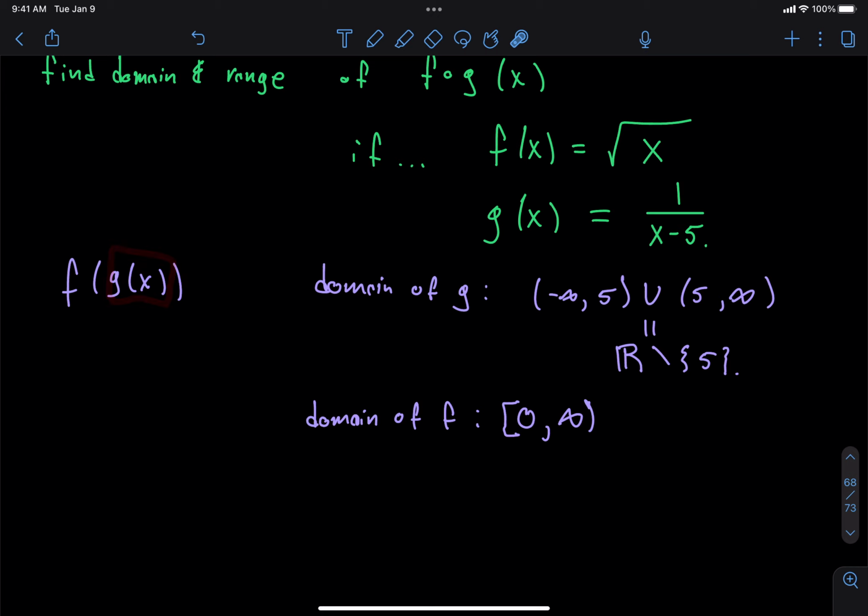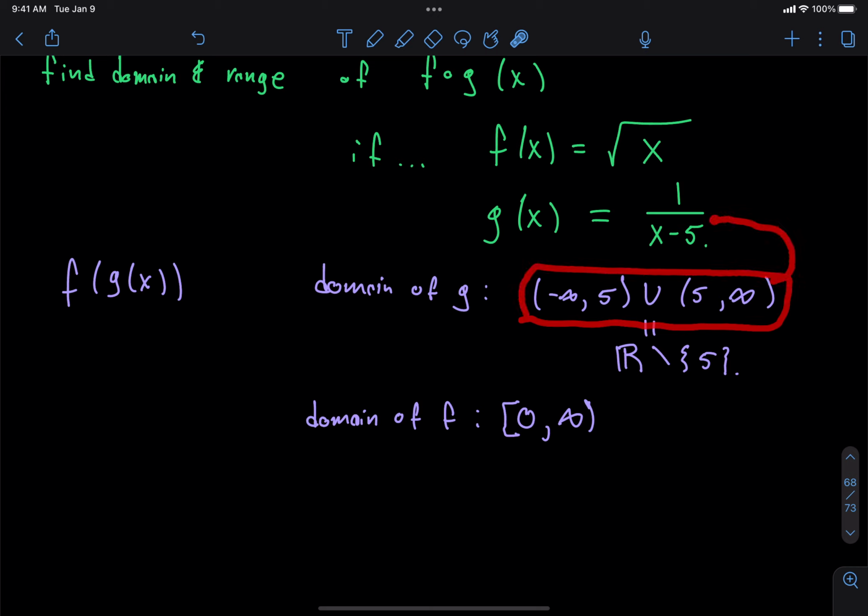So what's the subset of these numbers such that if I plug them into g, I get something positive? Yeah, x just needs to be a number which is bigger than 5, right? Because if x is a number smaller than 5, what's going to happen? The denominator will be negative, yeah?